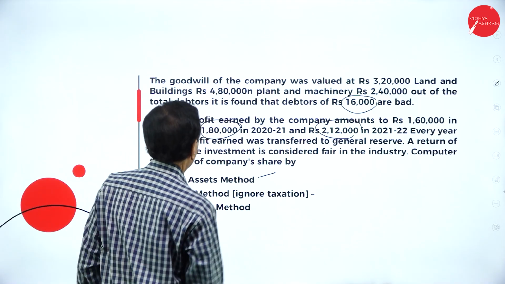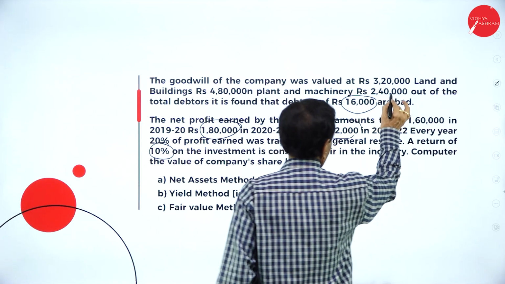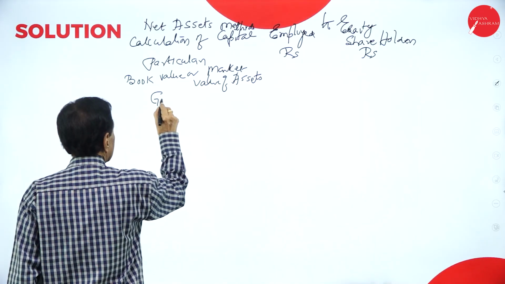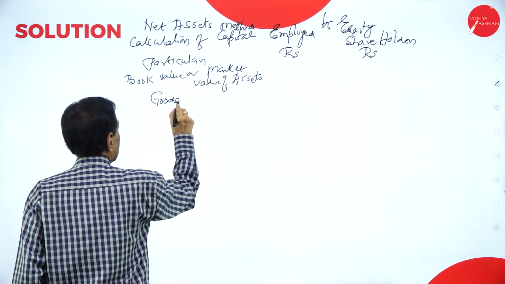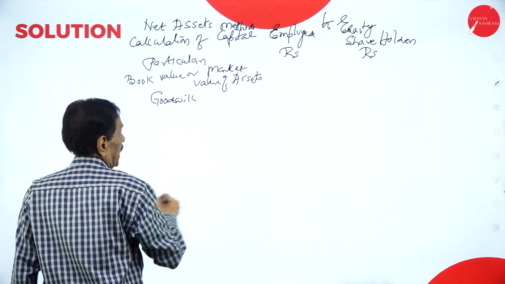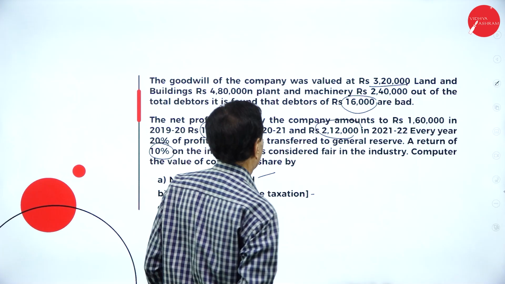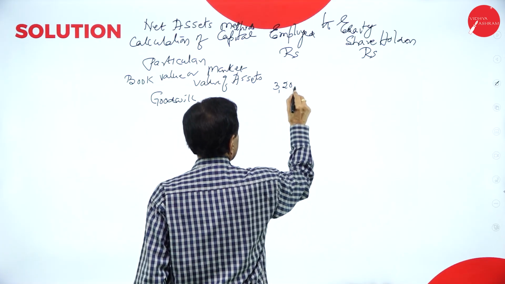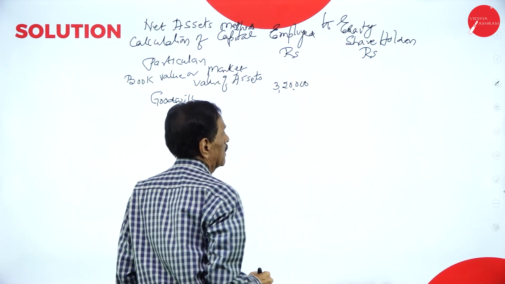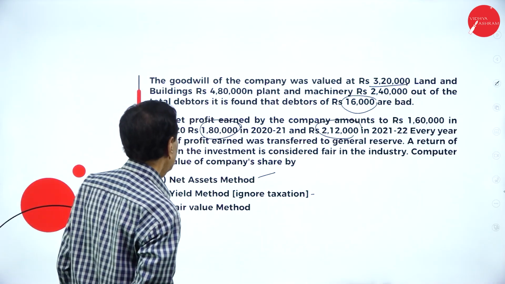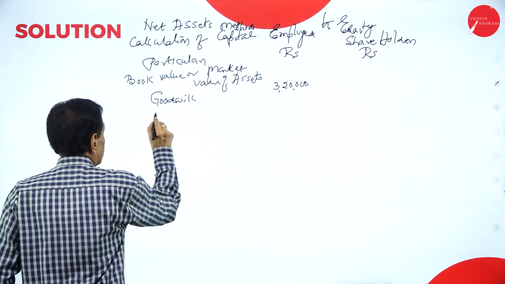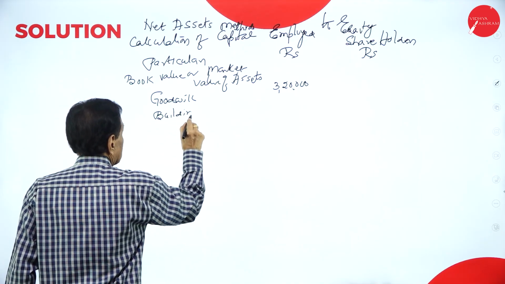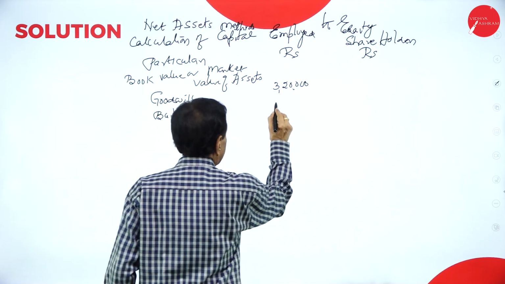Go with the adjustments. The goodwill of the company is valued at 3,20,000 extra. Goodwill, 3 lakh is the goodwill value, 3,20,000. Then building valued at 4,80,000.